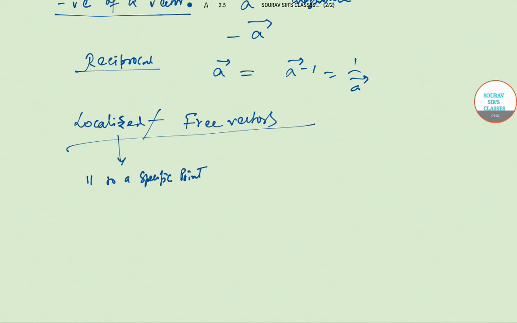For example, a force acting on a rigid body is a localized vector, as its effect depends on the line of action of the force.